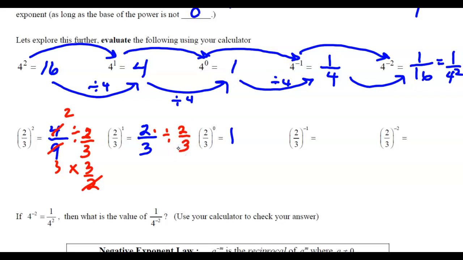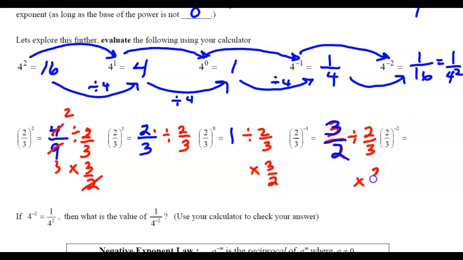So then we're dividing by 2/3 again. Well, anything divided by itself is 1. Makes sense. If we divide by 2/3 here, that's the same as multiplying by 3/2. Well, 1 times anything is itself. Maybe I'll do that in blue. So that's 3/2. Then if we divide by 2/3 again, that means we have to multiply by 3/2.